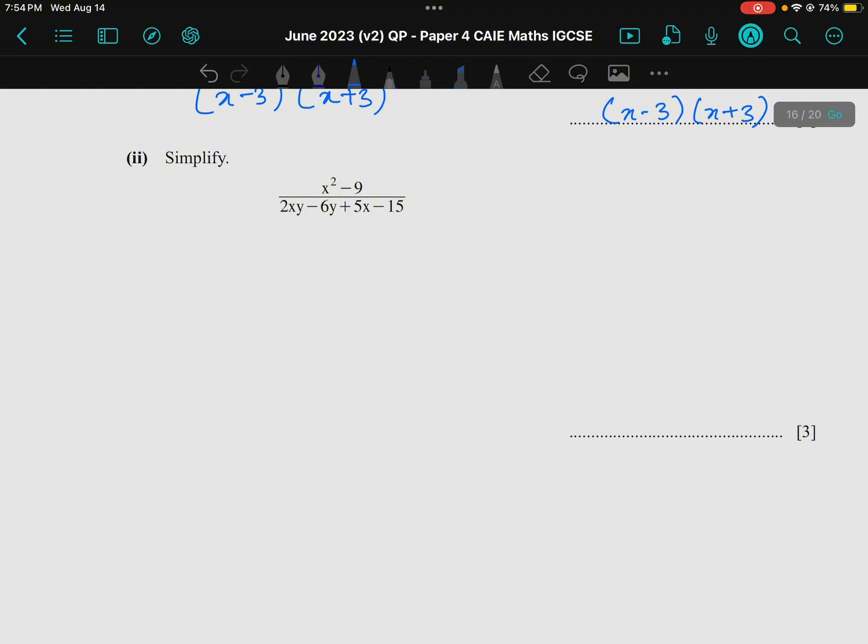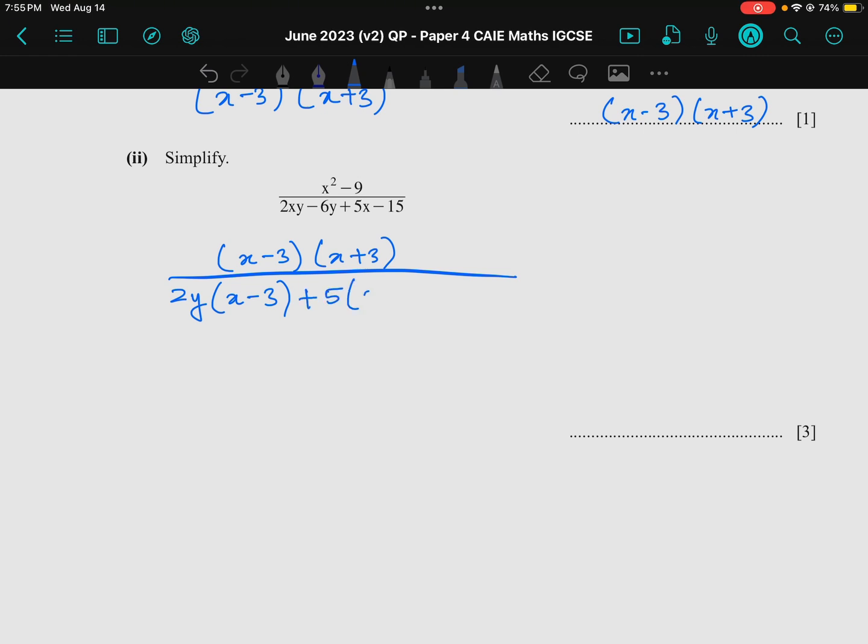Now next, simplify x square minus 9 upon the term 2xy minus 6y plus 5x minus 15. x square minus 9 can be written as x minus 3, x plus 3 whole upon 2xy. So for the first two terms, take 2y common, so in the bracket x minus 3, and 5 is common, so here it is also x minus 3.